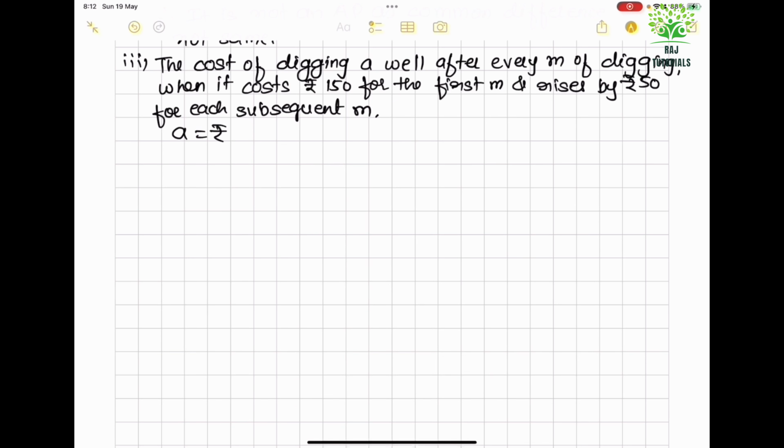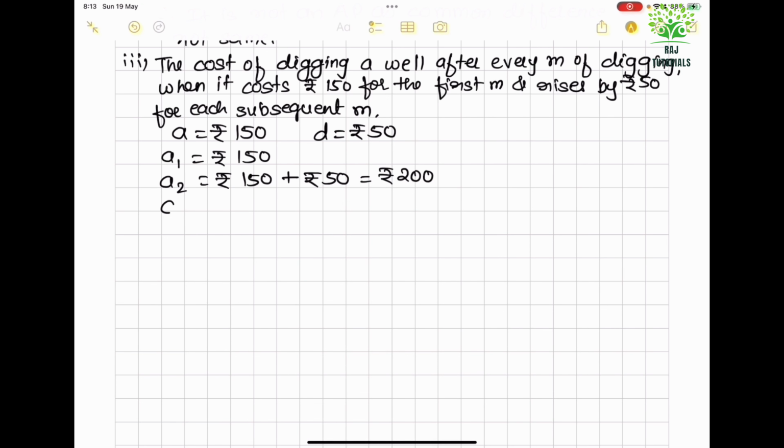A equal to rupees 150, that is first term is 150. Then I am adding every time rupees 50 for one more meter. So I can say A1 will be rupees 150, A2 will be rupees 150 plus 50 rupees extra for the second meter, so that will be 200 rupees. Then A3 means I can do A2 plus D, so rupees 200 plus rupees 50, so it will be rupees 250.